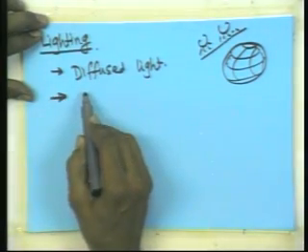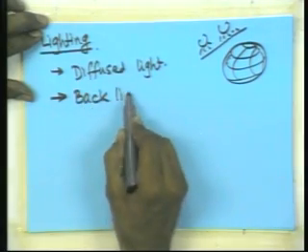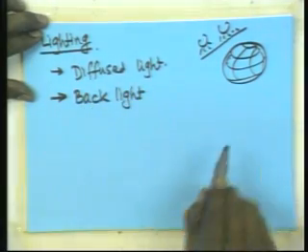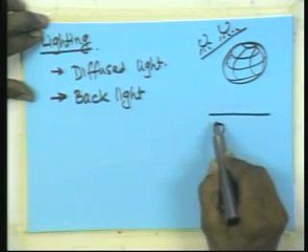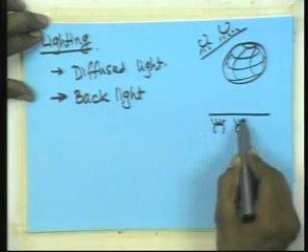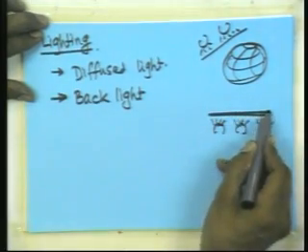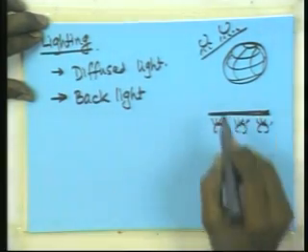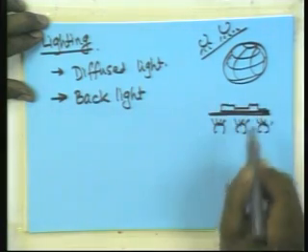Another useful type of lighting is what is called backlighting. In backlight, let's say you have a source of light underneath, and then you have a ground glass, a semi-transparent type of thing, and then you have a part lying here, whatever the part may look like.